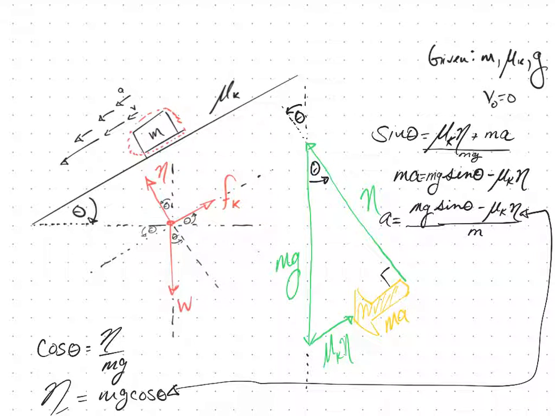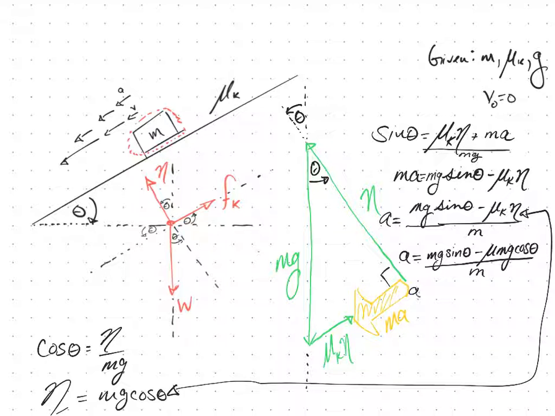So the magnitude of our acceleration is going to be mg sine theta minus mu mg cosine theta, and that's all going to be over m.